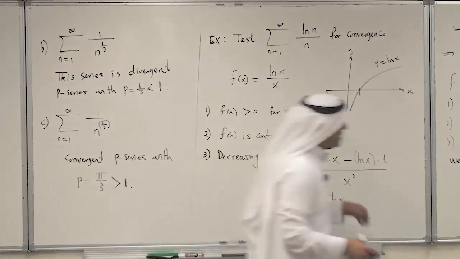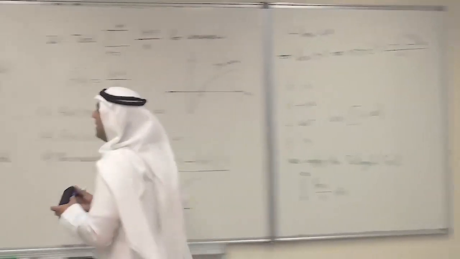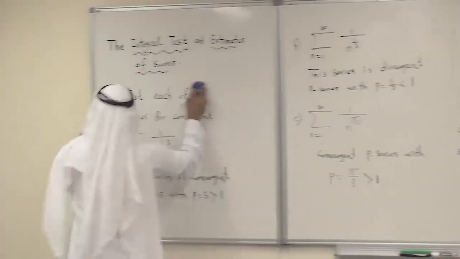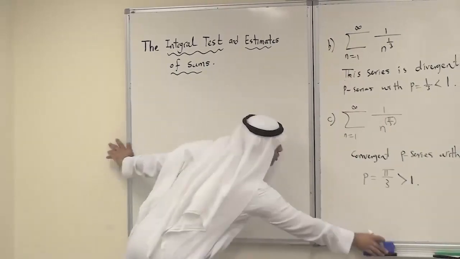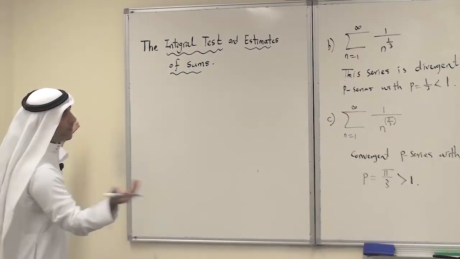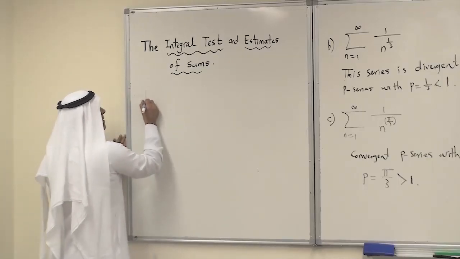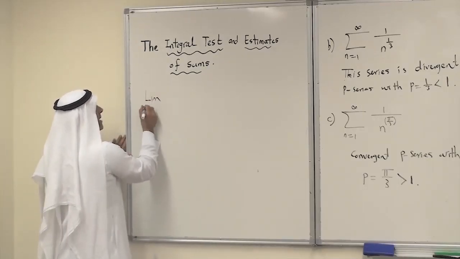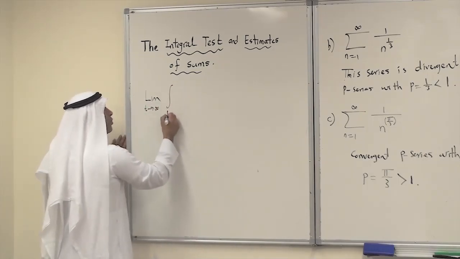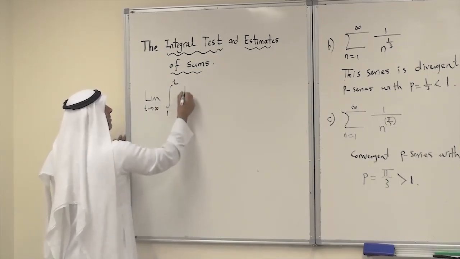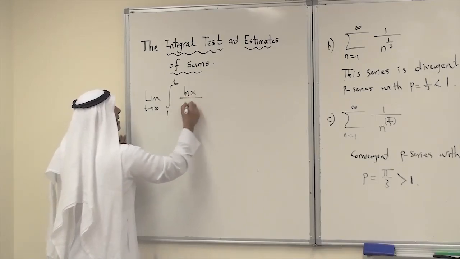How to evaluate this? We need to take the limit as t goes to infinity. Let us take enough space here to find the answer and then find the conclusion. To find the improper integral, we consider this limit as t goes to infinity of the integral from 1 to t of ln of x divided by x dx.